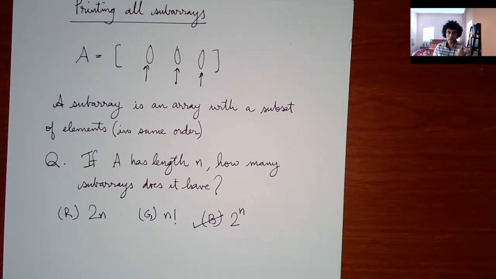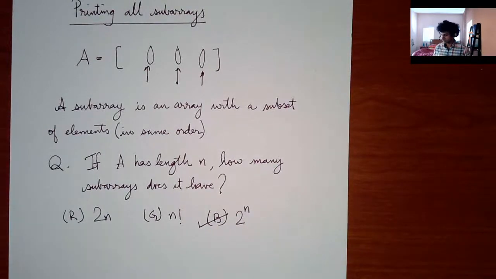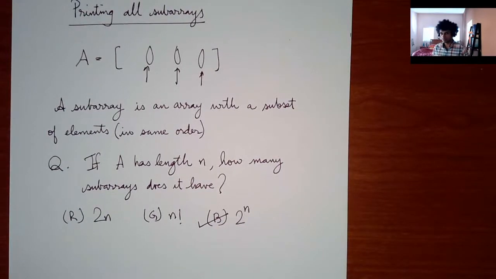At this point, I will take questions. I want you to understand this. No. 1, 4, and 5 are in the same order. I said it doesn't have to be contiguous. Contiguous means that you have to take everything in between. Does that make sense?